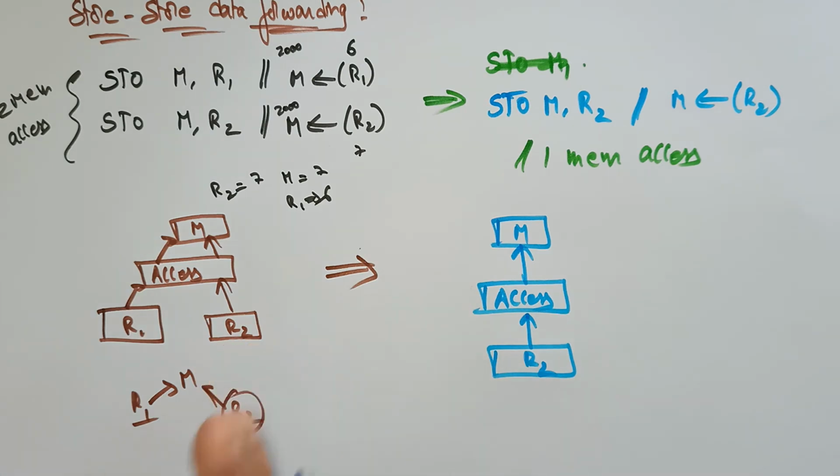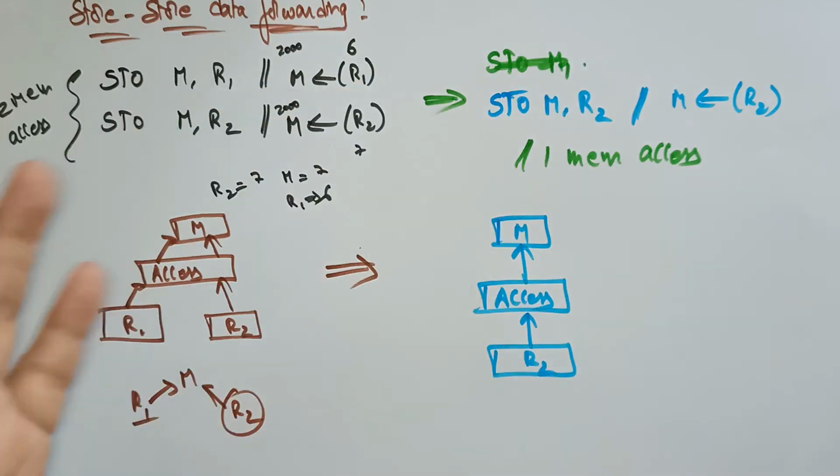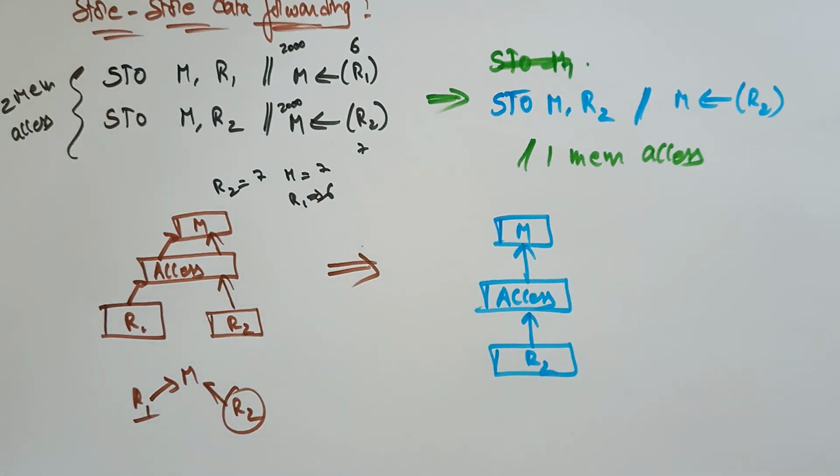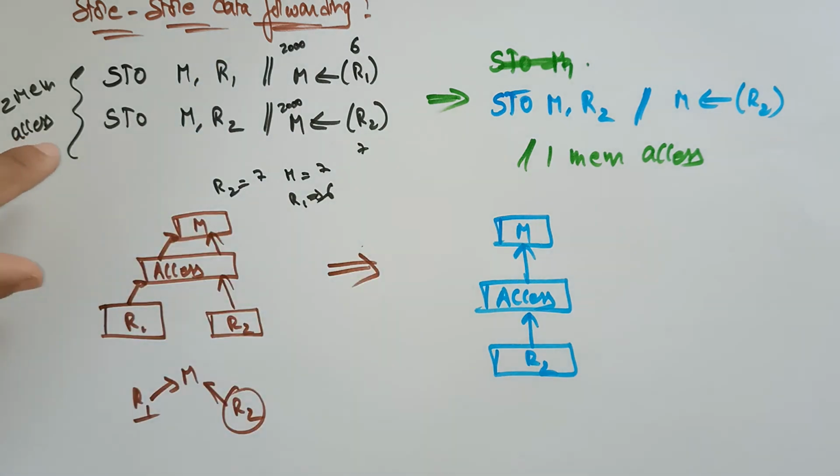So we replaced one memory access with a register transfer operation. Here two memory updates are there to store. When performing the store operations, two memory updates of the same word can be combined into one, since the second store overrides the first.